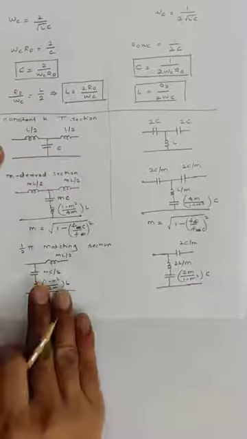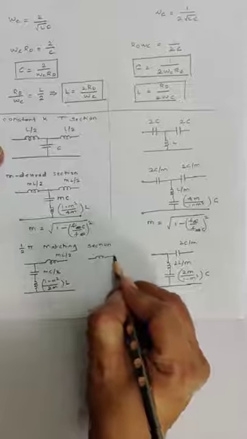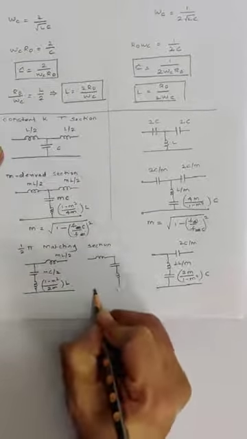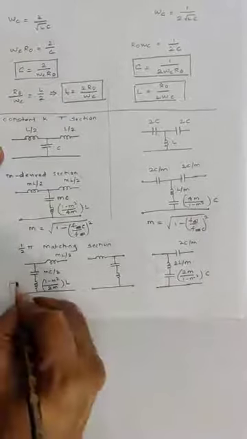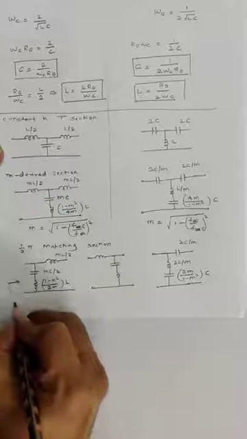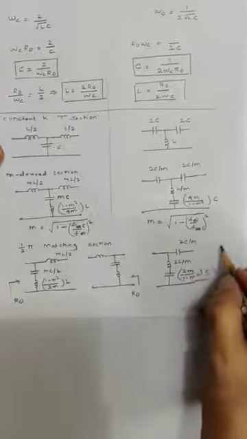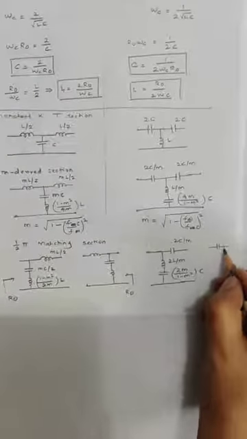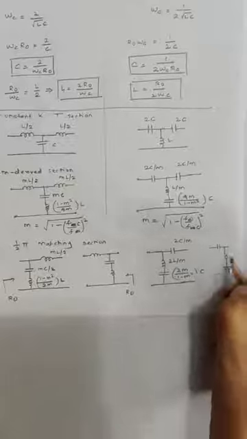If this is the matching section present at the input side, then at the output side you will have the mirror image of this one. The component values will remain the same, and one can have impedance R0 over here and impedance R0 over here. Similarly, one can draw the network for the matching section present at the output side.